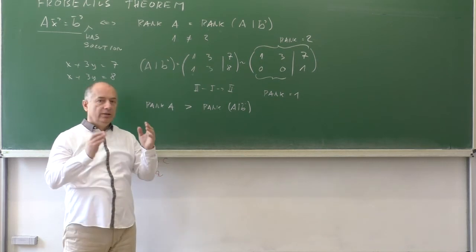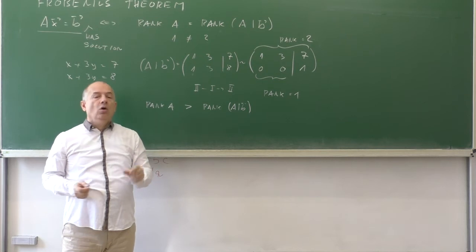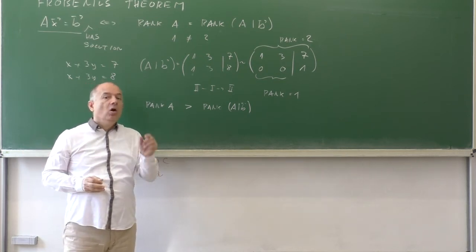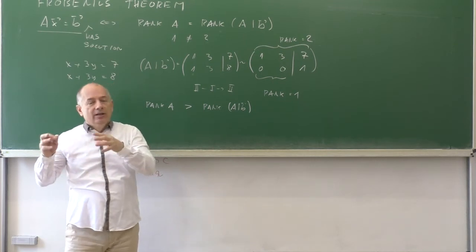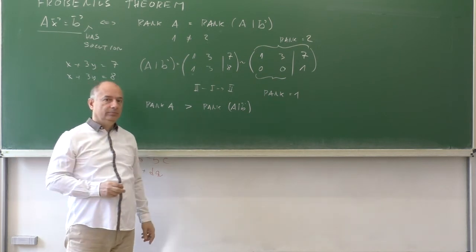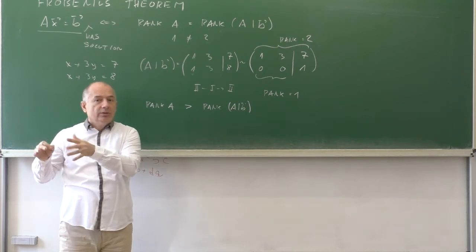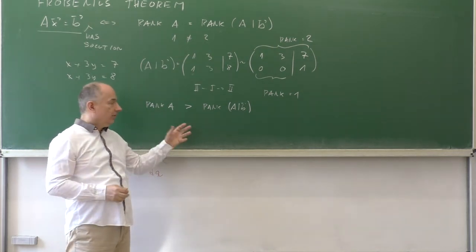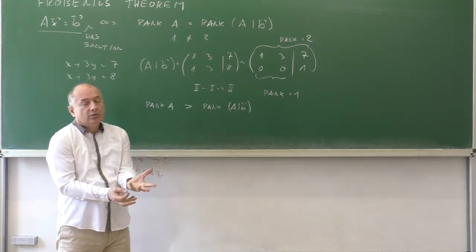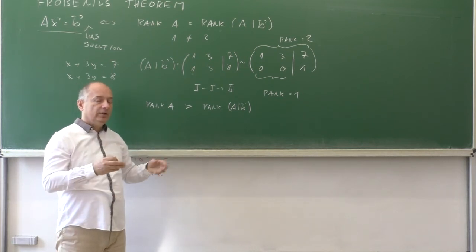Or it may remain the same if you add a column that was already there, or a multiple of a column that is already there, or a linear combination of the columns that were already there. So if you add something that can be built from the previous columns, the rank is the same. And if you add something new, which cannot be constructed as a linear combination of the previous columns, the rank goes up, but it cannot go down.